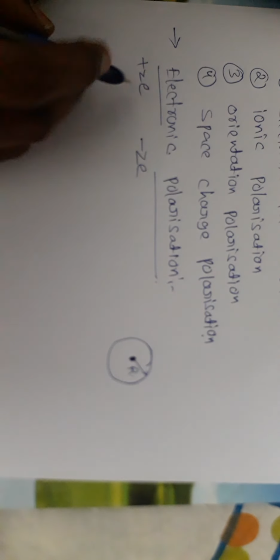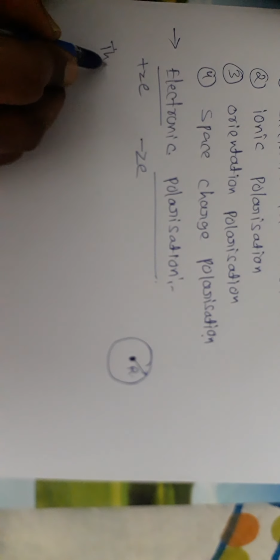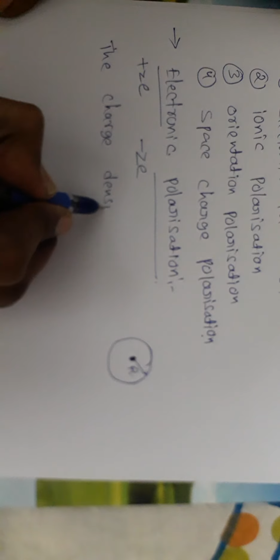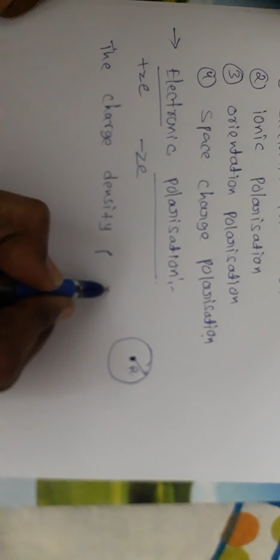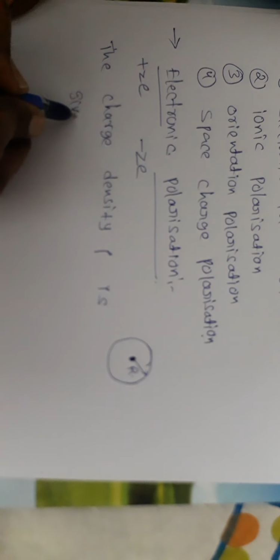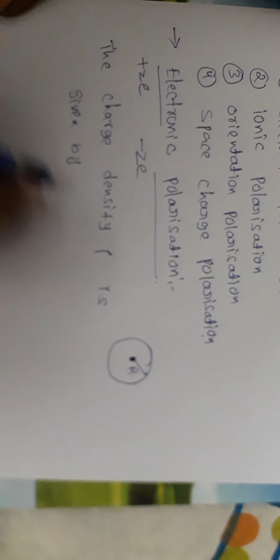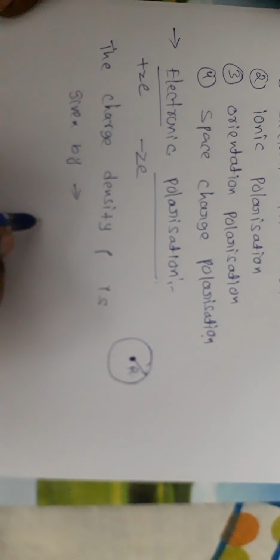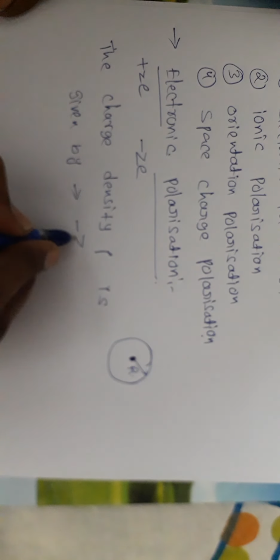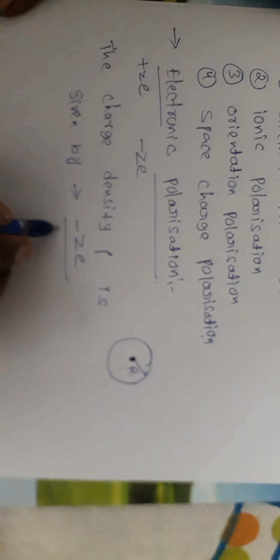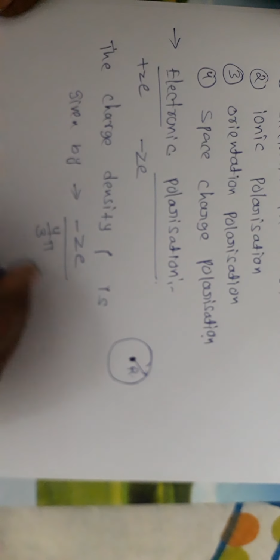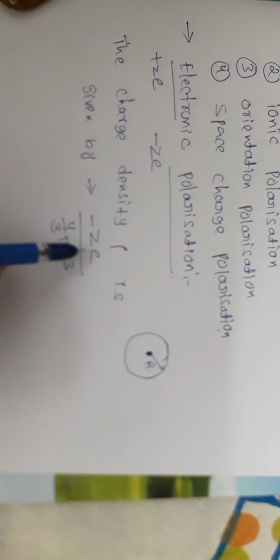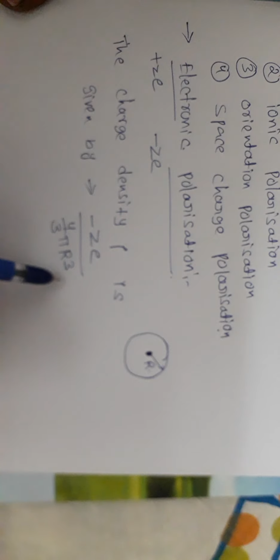Now the charge density rho is given by charge per unit volume. Here we take minus Ze divided by 4 by 3 pi r cube, where r is the radius of the atom and the volume is 4 by 3 pi r cube.